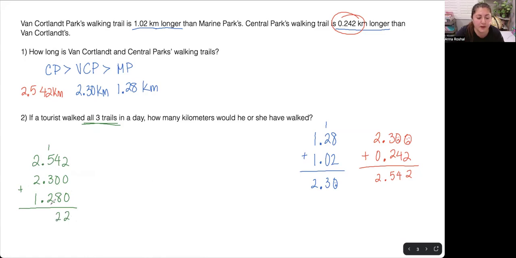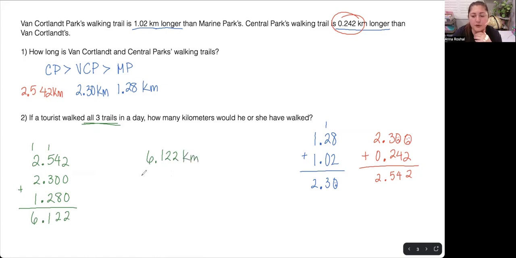We're bringing that 1 up. And then I have 5 plus 3 plus 2. Oh, I forgot the 1. So that's going to be 11 plus 2 plus 2 plus 1 plus 1 is going to be 6. So now if I'm a tourist, how many kilometers would I walk if I walked all 3 trails? 6 kilometers and 122,000 of a kilometer.